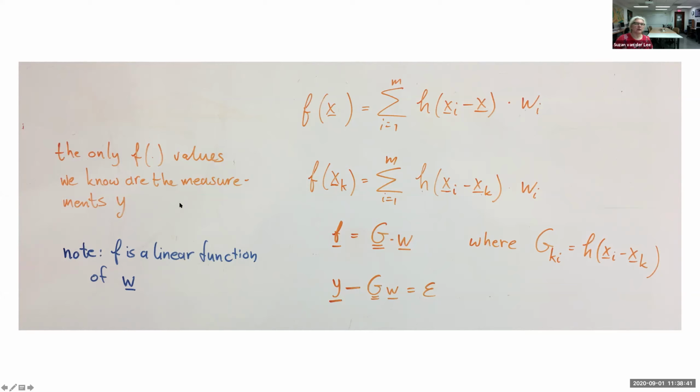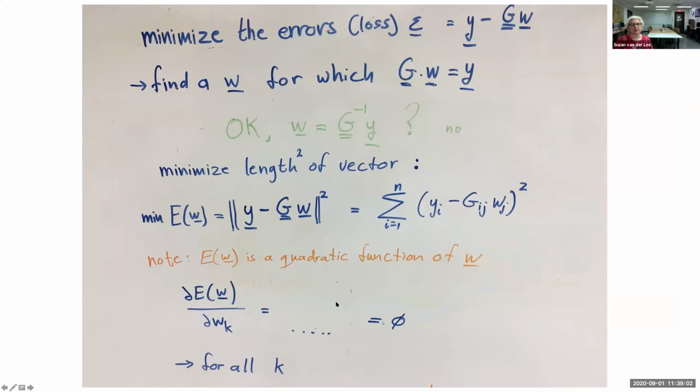The only values of the continuous function are at the points where we have measurements, and those measurements are grouped in this vector y. So f is a linear function of w, and that's great. And now we want to minimize each and every one of these epsilons for each and every point where we have a measurement of the Moho. So we want to minimize these errors.